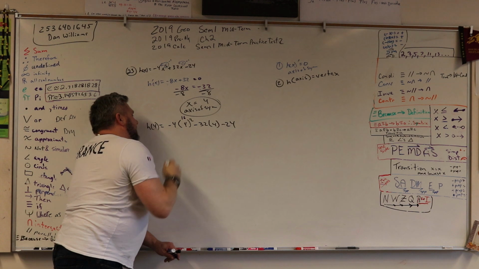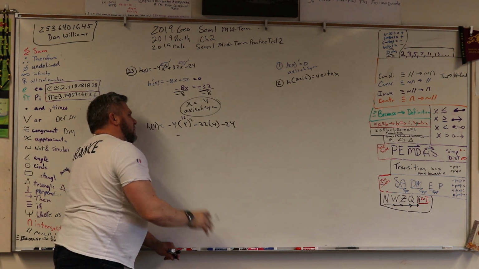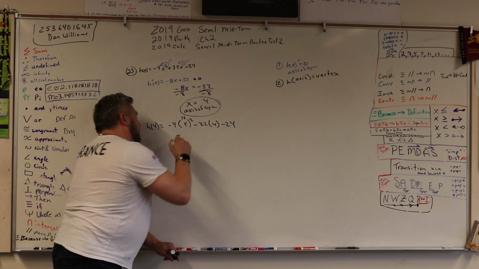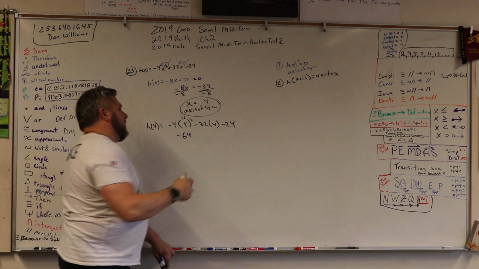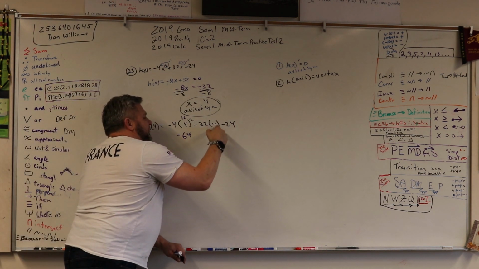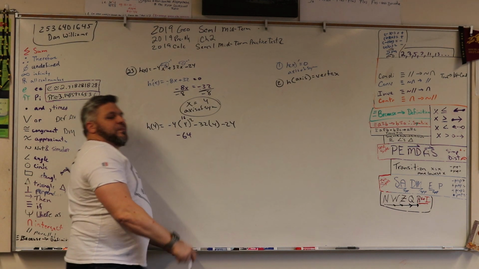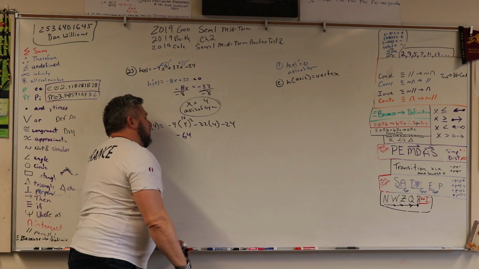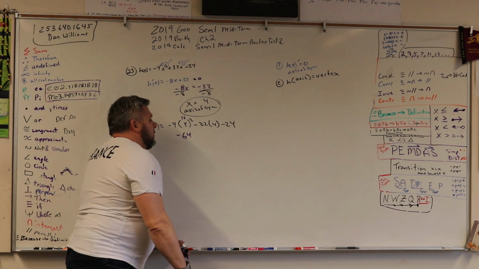What is 16 times 4? 64. Alright, so minus 64. Alright, and then what is 4 times 32? 128.